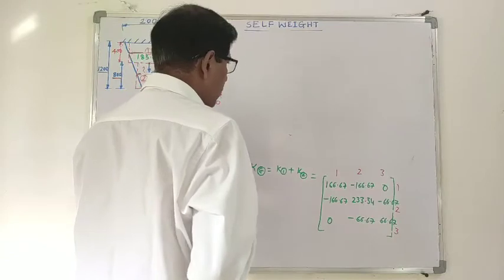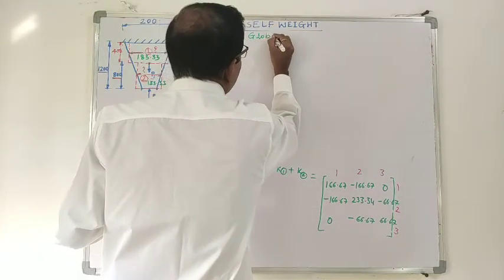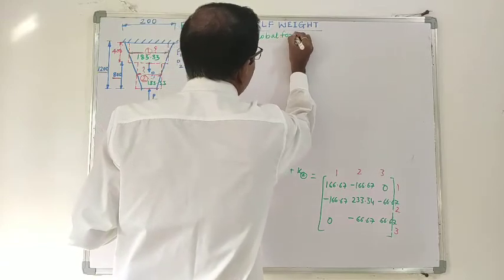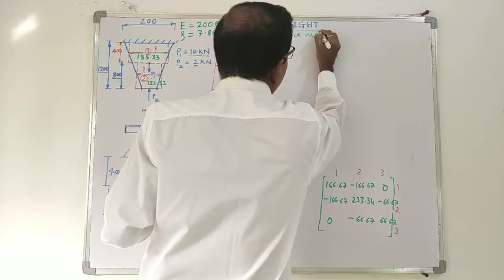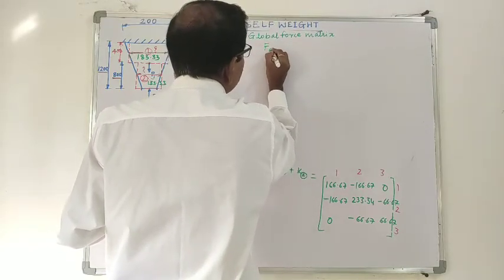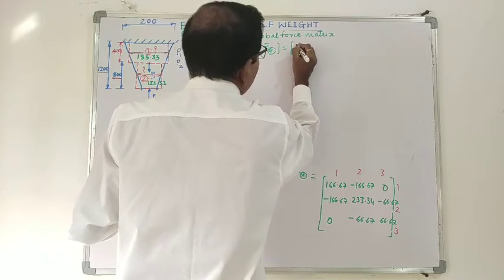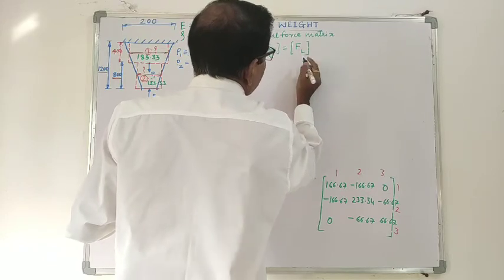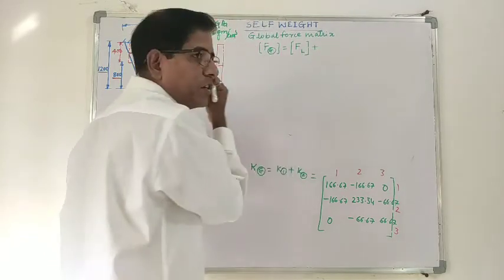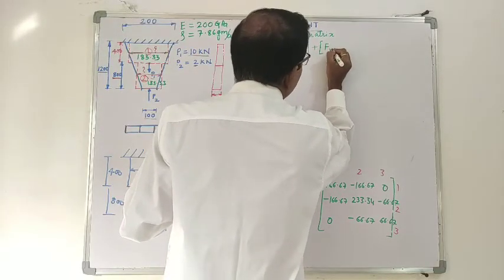So global force matrix Fg will be summation of external load plus the self weight.